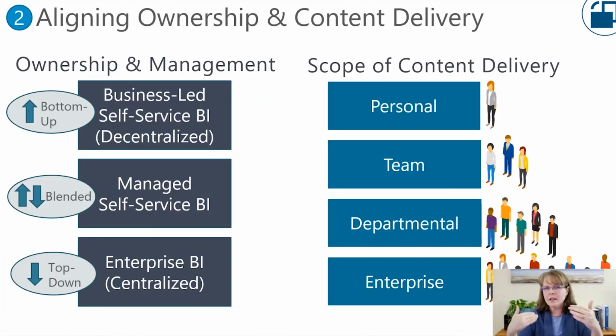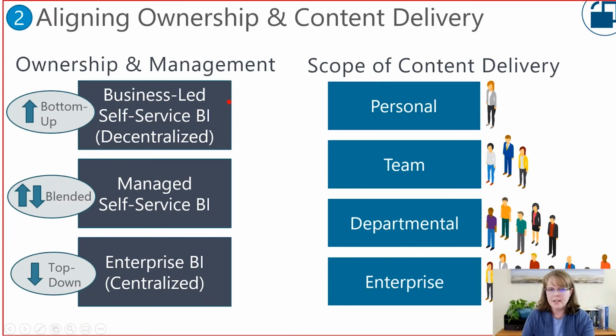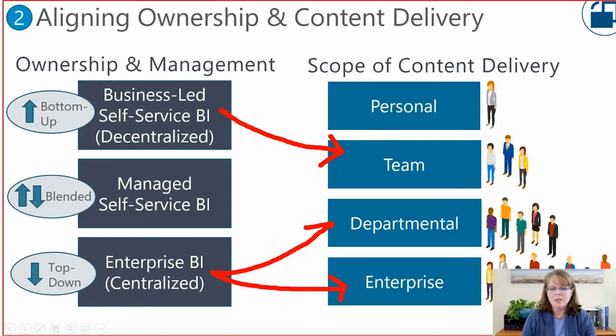When these align in expected ways, things are easier to manage. So let's say we've got business-led self-service BI and it's being deployed just to a team. No problem. The enterprise BI team or the COE produces content for these types of things. No problem. Those are expected matches.